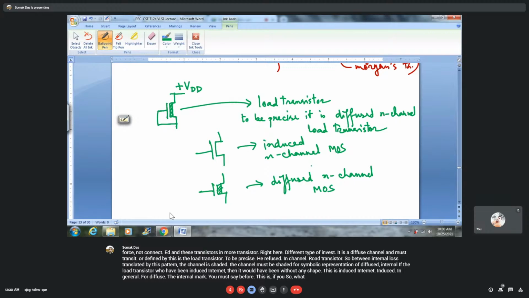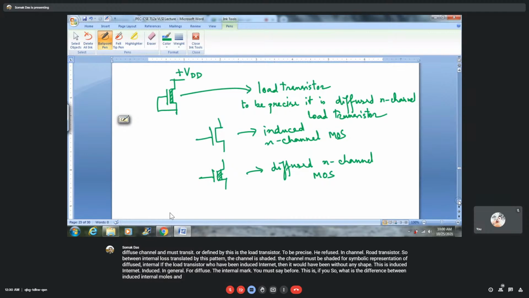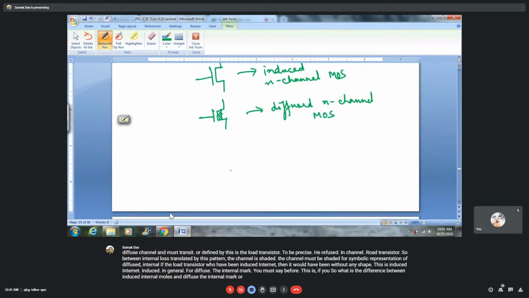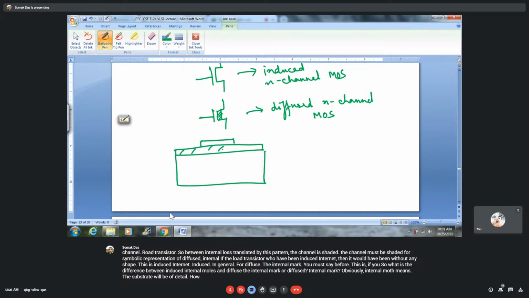So what is the difference between induced N channel MOS and diffused N channel MOS? For diffused N channel MOS, obviously N channel MOS means the substrate will be of P type. How does it look? This is the SiO2 oxide. This is the metal or the gate, and we have N plus regions over here, and this is P-type silicon.